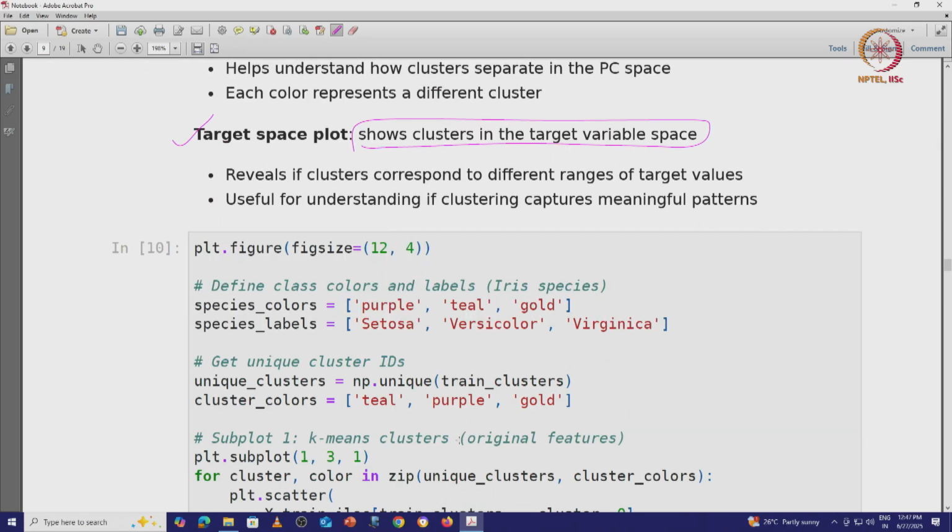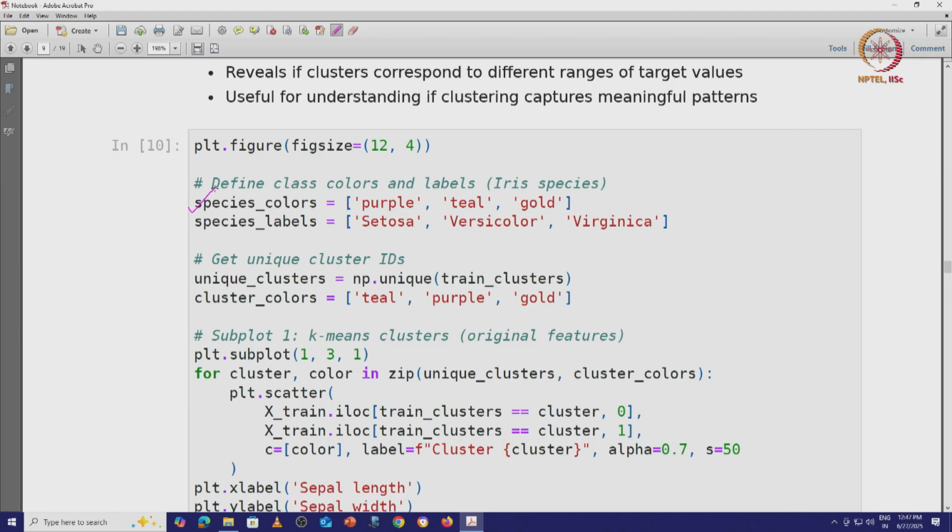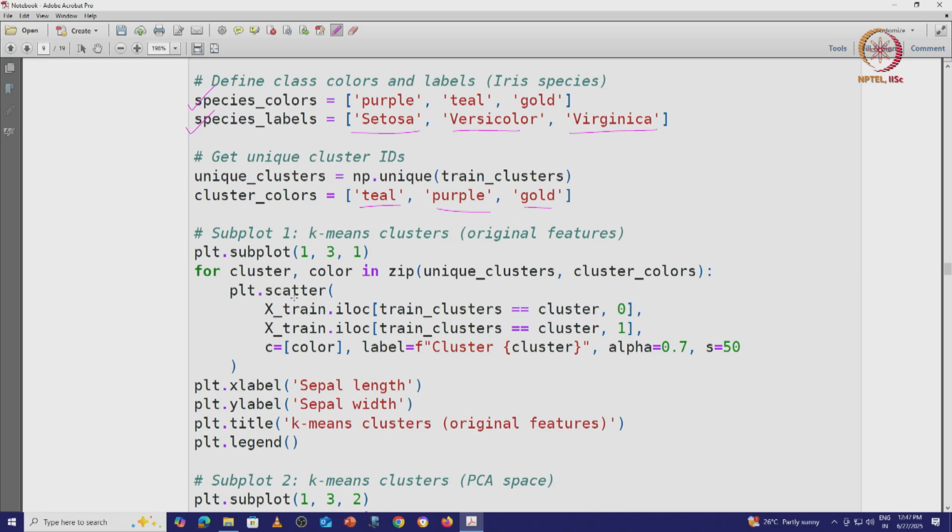Alright, so let us go ahead and do this. Here we are defining the colors and the labels of the species. There are three types of flowers, setosa, versicolor and virginica, and we are assigning them colors teal, purple and gold here, and there are three different subplots we are making.